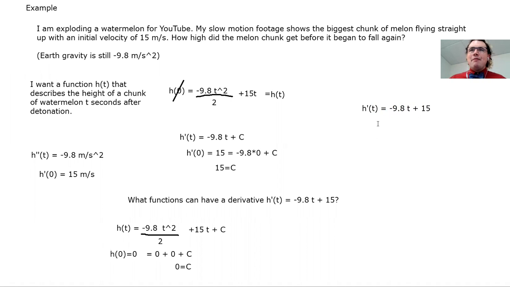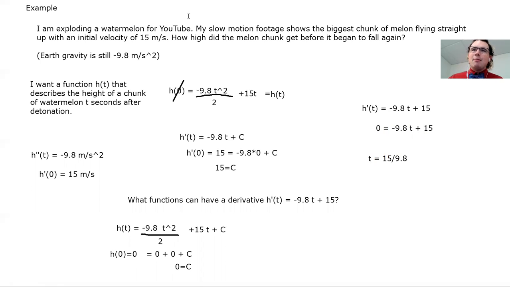Where can the derivative be equal to 0? I'm just going to solve this equation for t, right? 0 equals negative 9.8 times t plus 15. So it must be that t is then equal to 15 divided by 9.8.